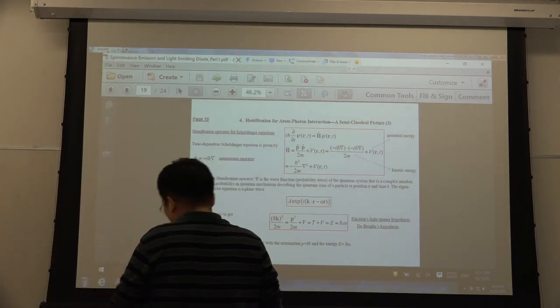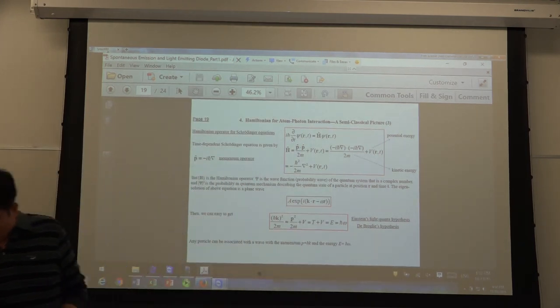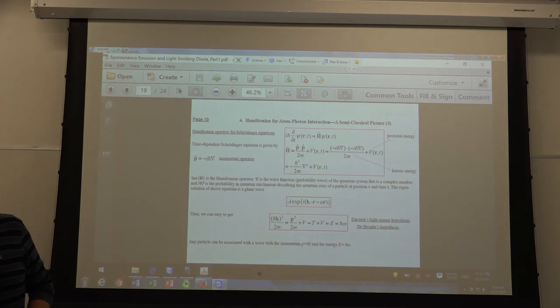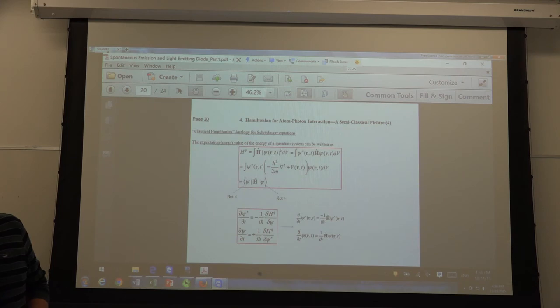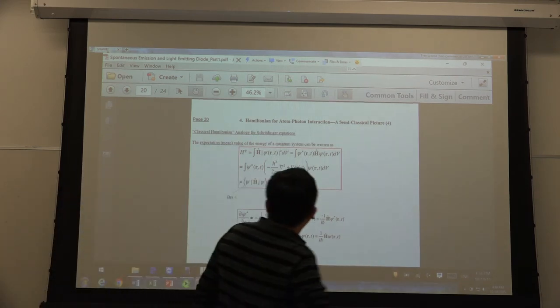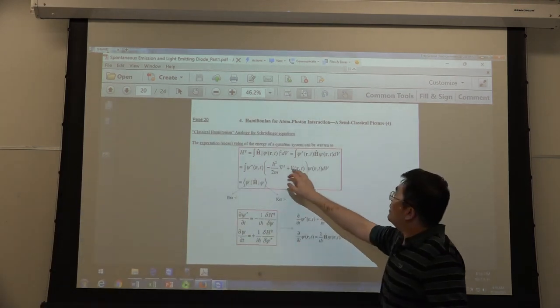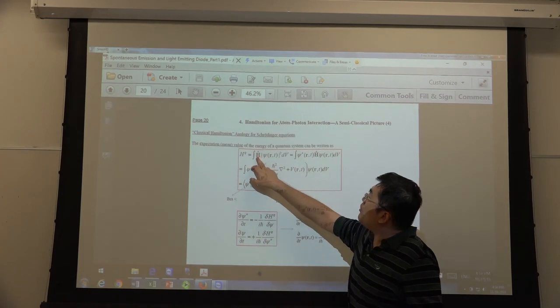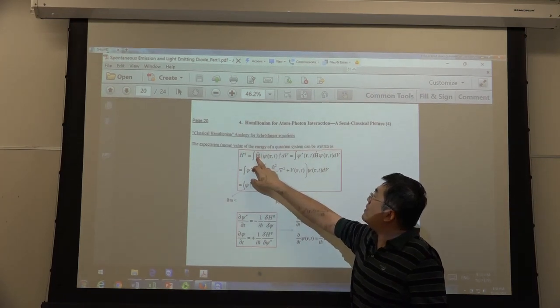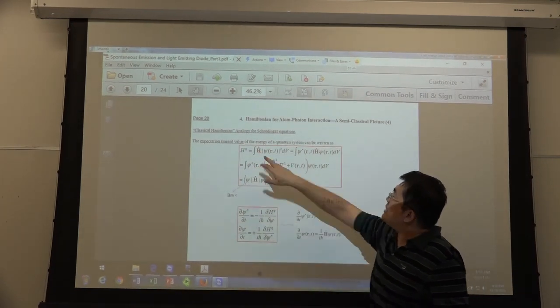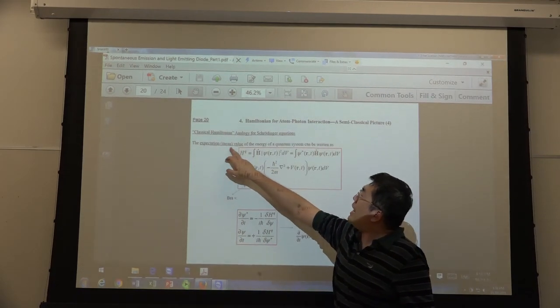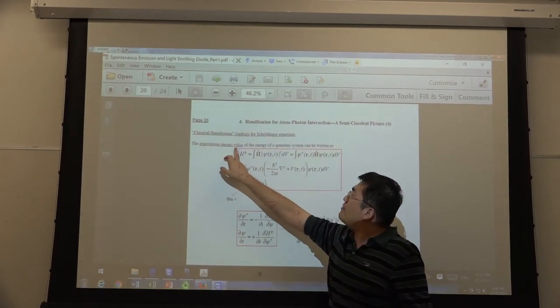This Schrodinger equation. So I go to the last page to see what interesting thing happened. If we know the Schrodinger equation, this H is an operator, a Hamiltonian operator. How do we get the expectation value or mean value?